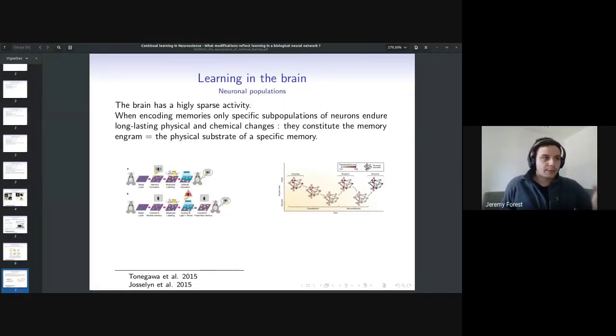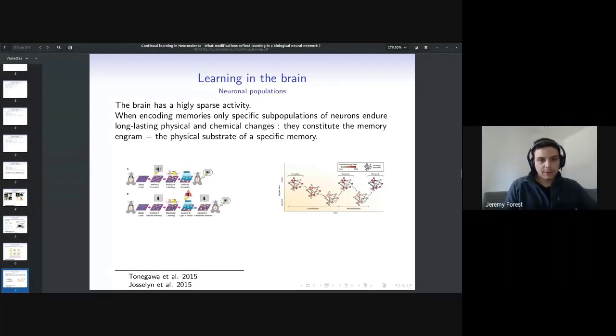Also, the brain, as has been said before by Subutai, has highly sparse activity, and when encoding memories, only a very specific subpopulation of neurons will endure long-lasting physical and chemical changes, which will make them the constituents of memory engrams, which are the physical substrate in the brain of a specific memory.